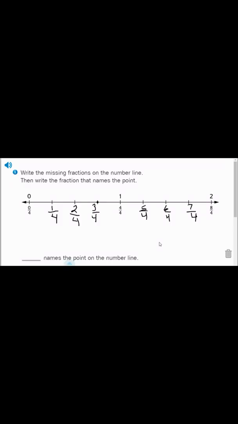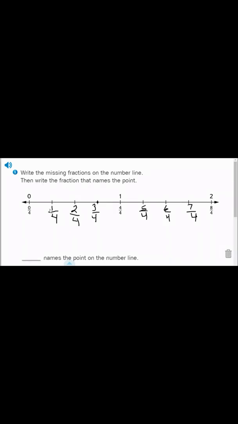Okay, so on this next number line, I've already gone through and I've added the fourths. Even after the 1, we consider this still in fourths because we're looking at those individual units. Remember that, because a lot of times third graders get confused and say, oh, but there's 8 sections. Yes, there is 8 sections, but between 0 and 1, there's only 4, and we have to continue to keep that separation equal each time.